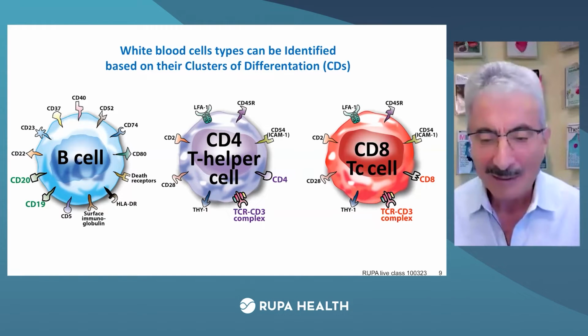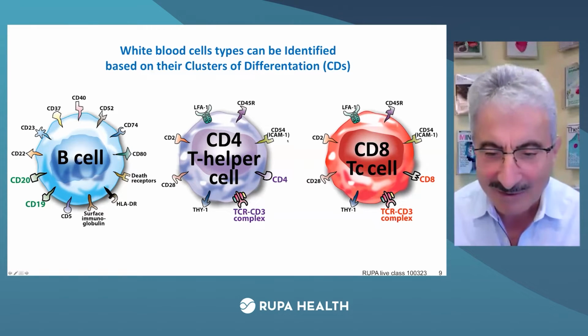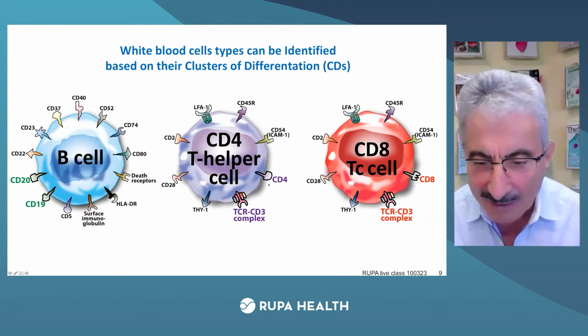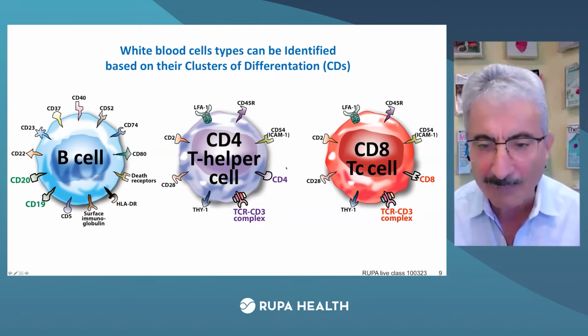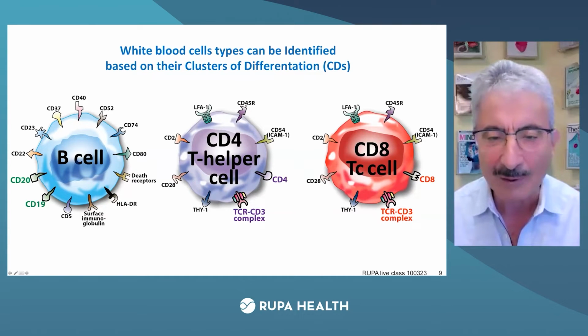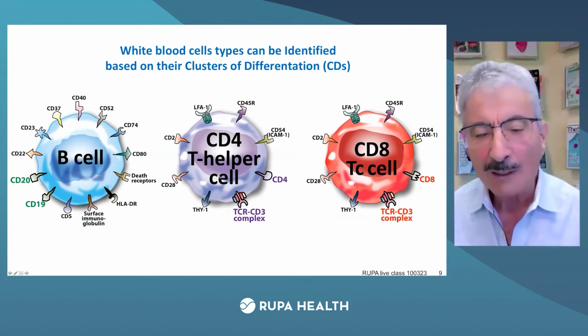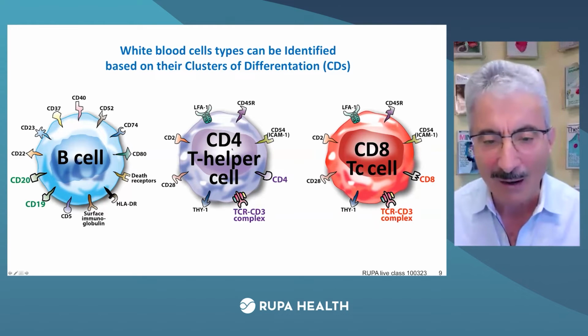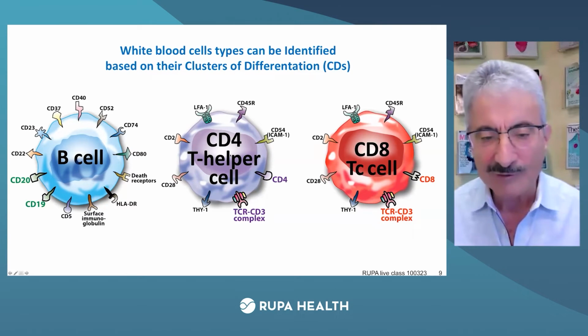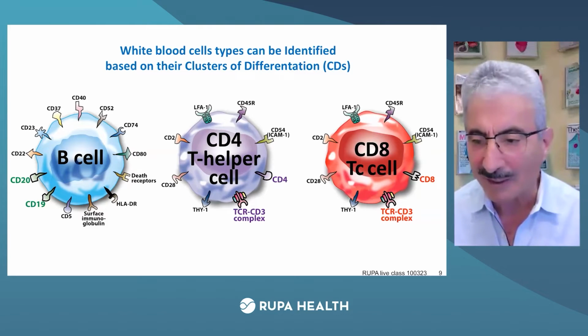For CD4 T helper cells, the cluster differentiation specific to this cell is cluster differentiation number 4, not the others, for example CD45 or LFA or CD2. So therefore, we can stain CD4 with a specific color and count those cells with high reproducibility and accuracy.